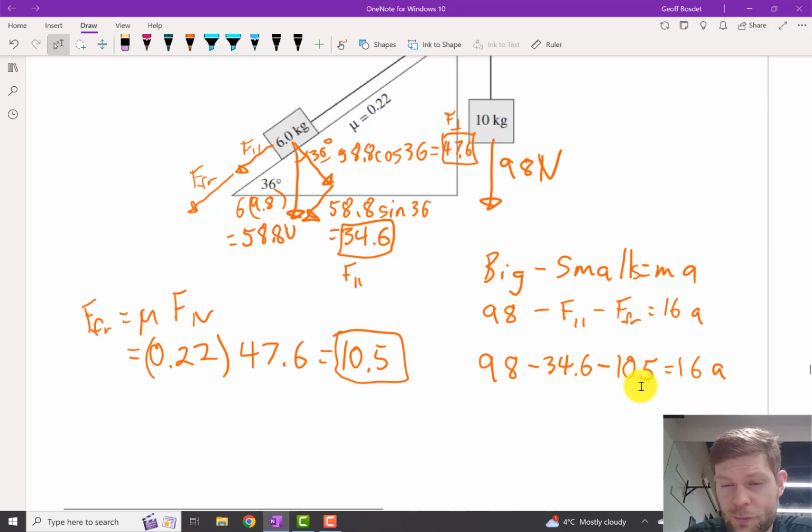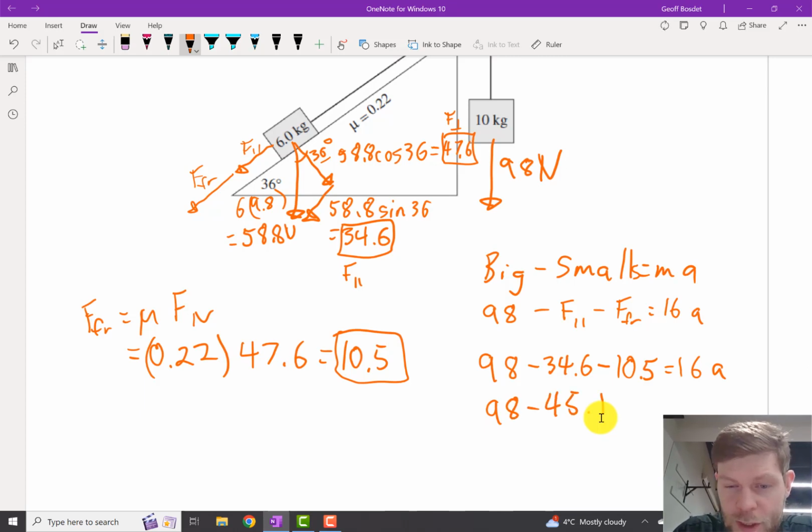34.6 plus 10.5 is 45.1. 98 minus 45.1 gives us 52.9, I think.